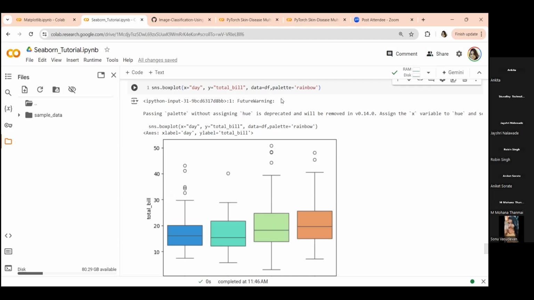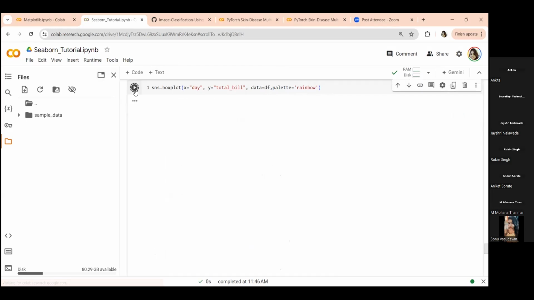If you want to use different types of color, you just have to write palette equals rainbow. So for that reason, we set another parameter here, palette equals rainbow. In this way, you can draw another box plot.